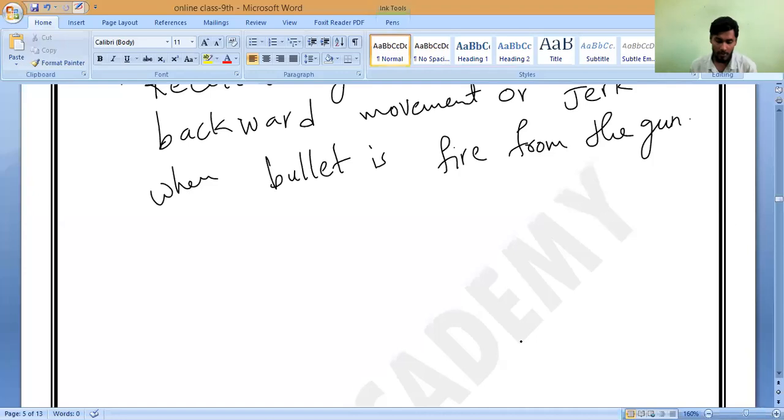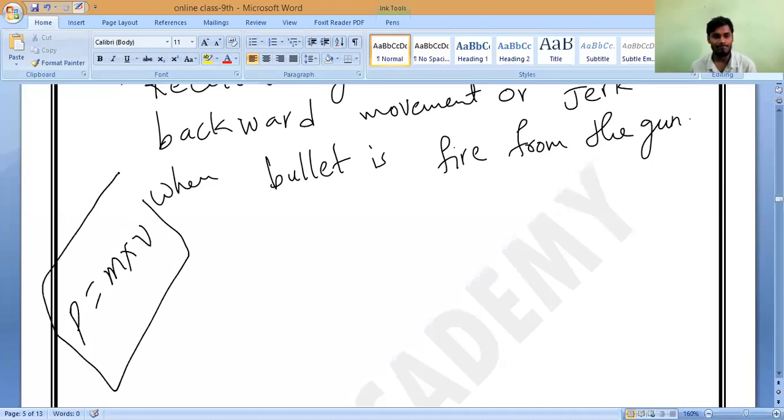Momentum is represented with the letter P, which equals mass into velocity.